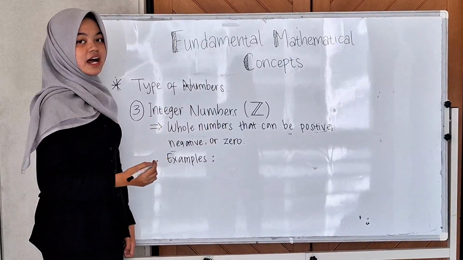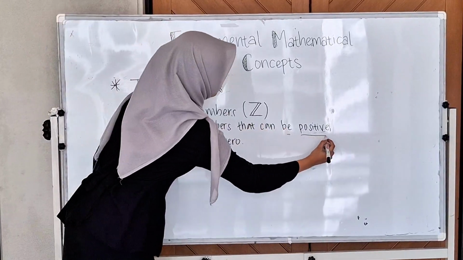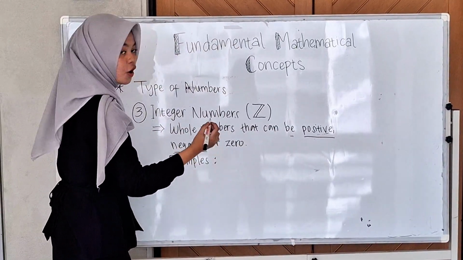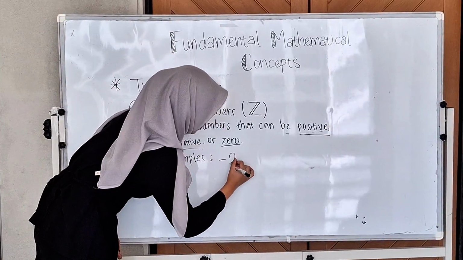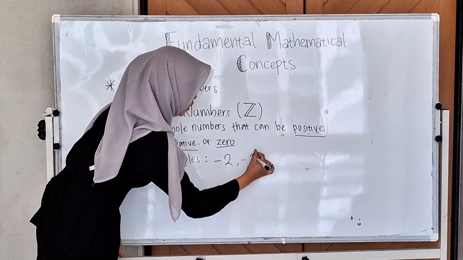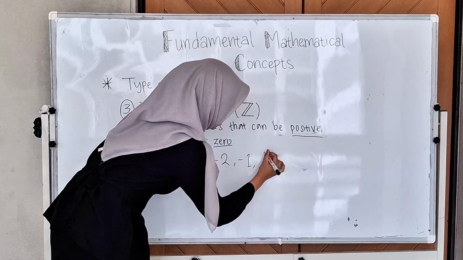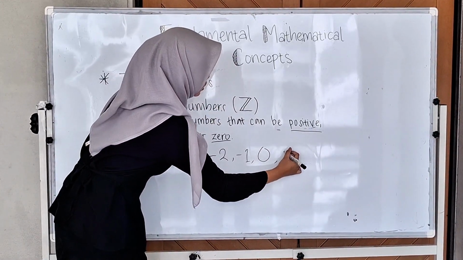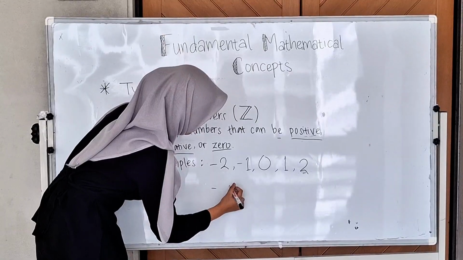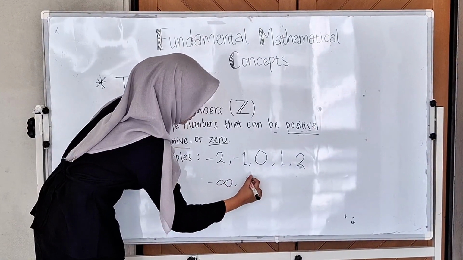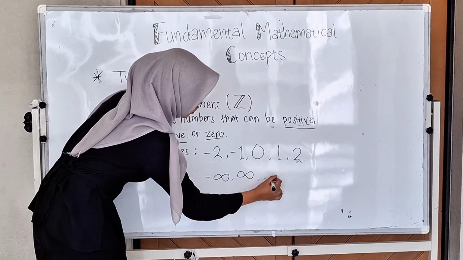Integer numbers are any whole numbers that can be positive, negative, or 0. For examples, negative 2, negative 1, 0, 1, 2, negative infinity, positive infinity, and so on.